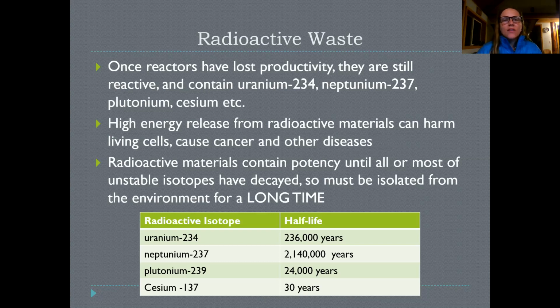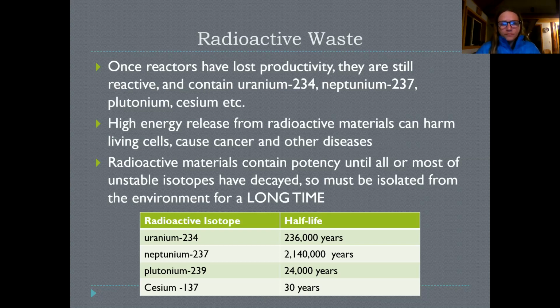And the radioactive materials will contain potency until all or most of the unstable isotopes have decayed. So they must be isolated from the environment for a really long time. And as I mentioned before, a really long time is not like 50 years in most cases. It's like tens of thousands or millions of years.